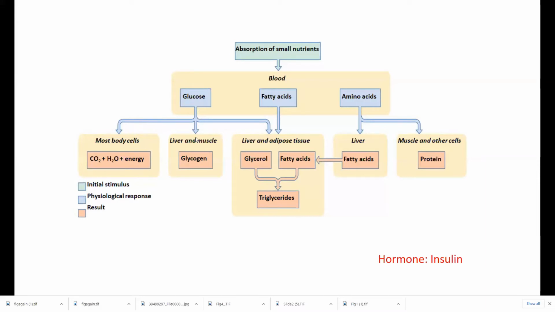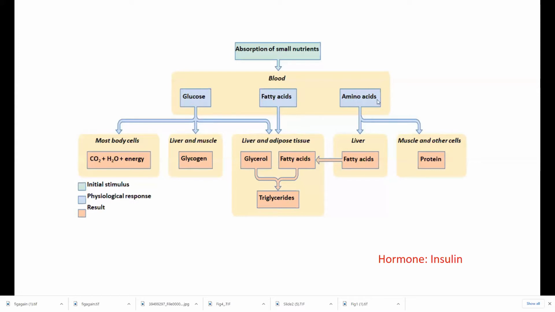We're saving up glucose, linking it together with covalent bonds. So we're putting it into the form of glycogen in the liver and muscle. And we can see that some of it is going over here to the liver and adipose tissue as well. Our fatty acids, mainly going to the liver and adipose tissue. So what we're creating, right, are glycerol and fatty acids, and we're joining them together to form triglycerides, so our fat stores.